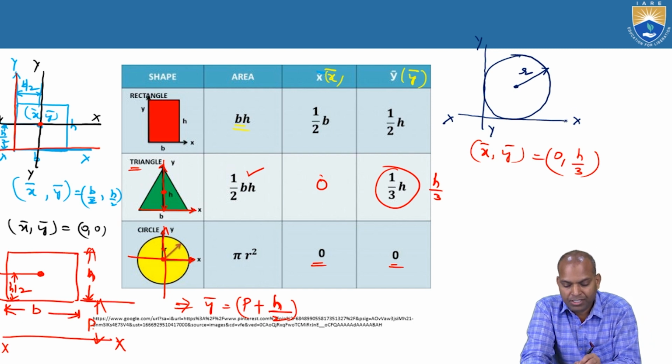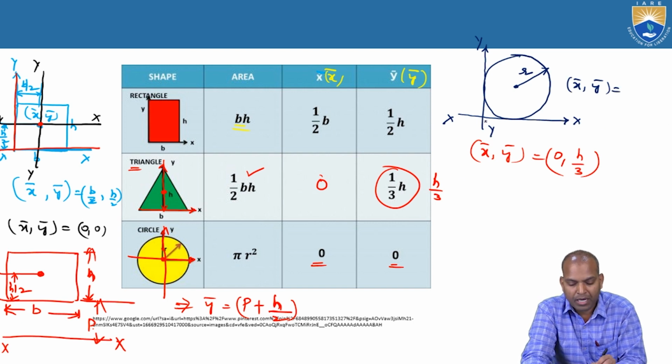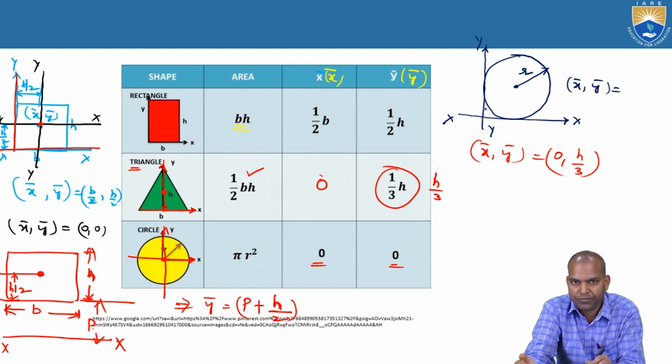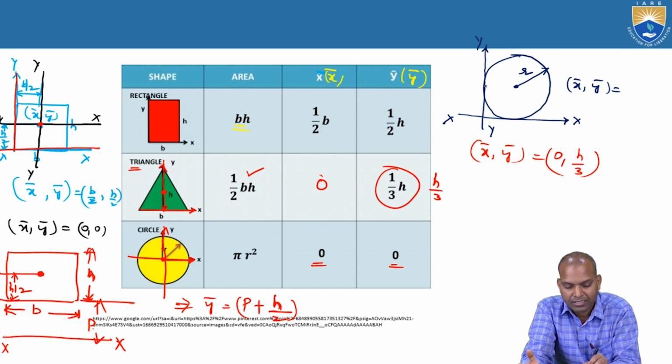What is the centroidal distance for this section, x bar and y bar? What is x bar? This is the horizontal distance from the vertical axis y. What is the distance from here to here? That is r. What is y bar? That is the vertical distance from the horizontal axis. This is r.